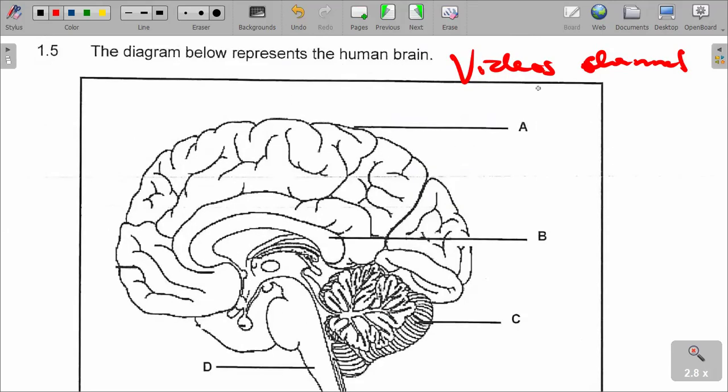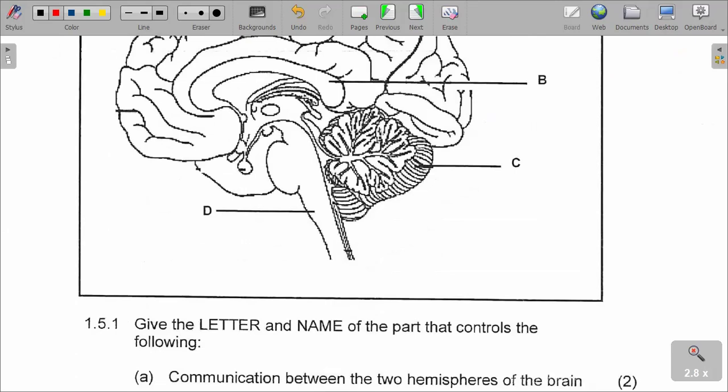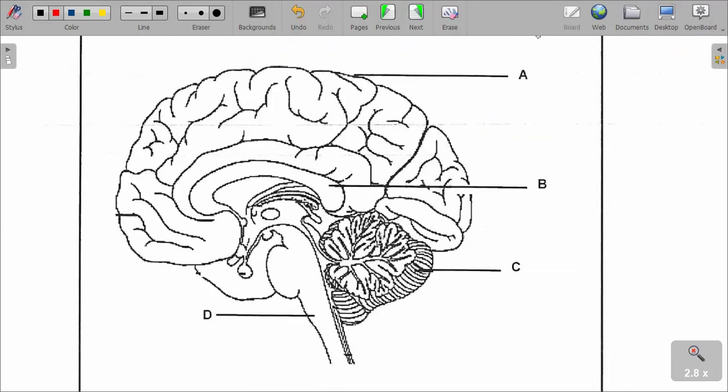What is given here is the human brain. Before you do anything, it is recommendable that you label the structure of the brain. We have the largest part, which is the cerebrum, and then we have the cerebellum.